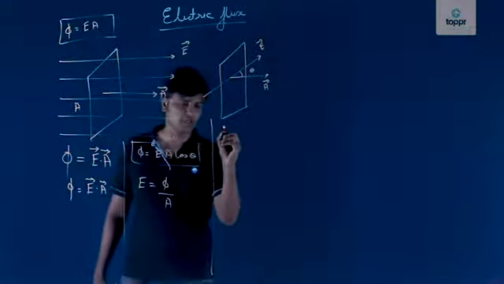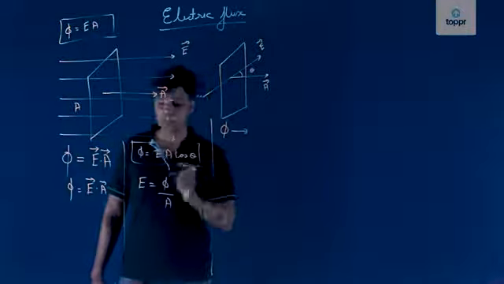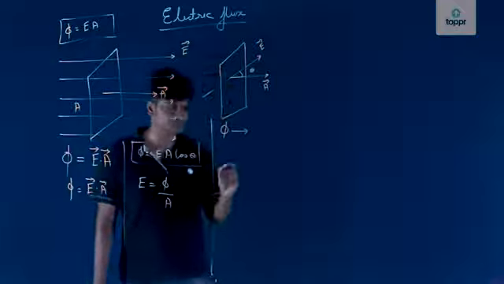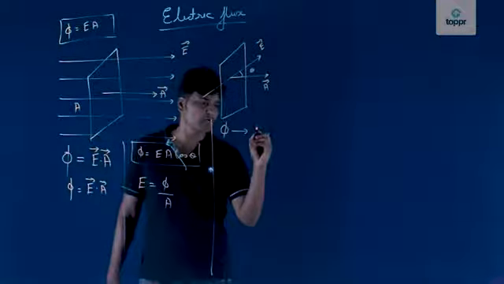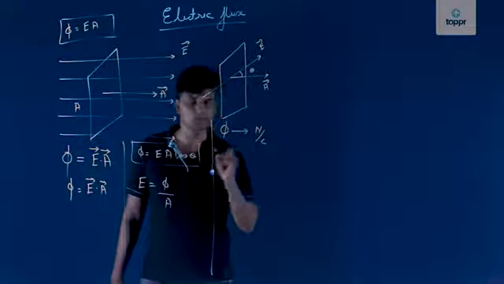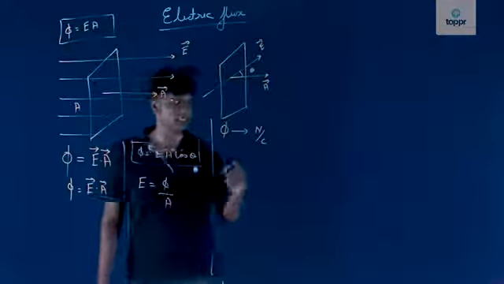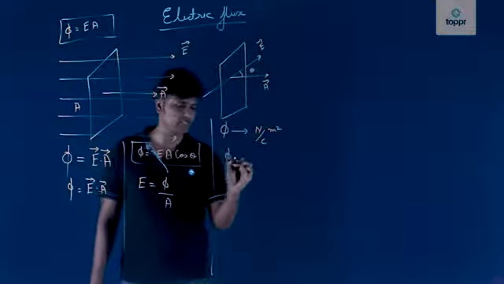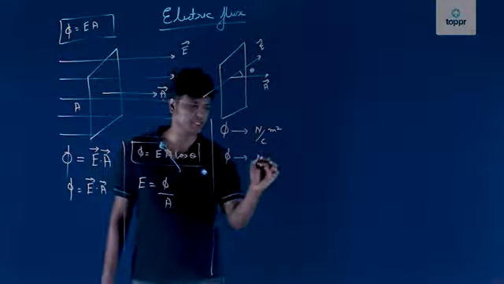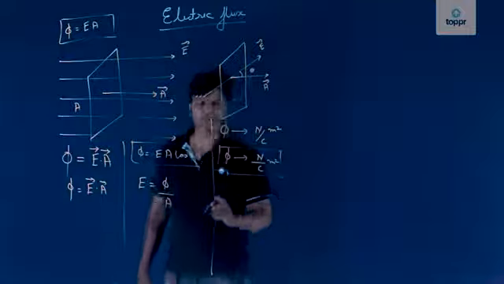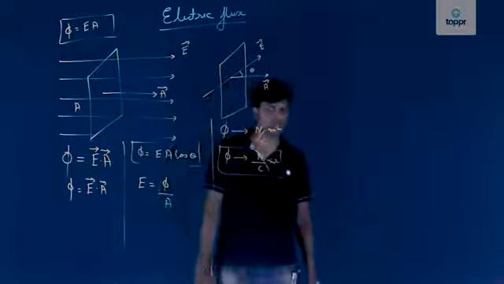The unit of flux is given by electric field, which is Newton per coulomb, and area, which is meter square. So flux can be given by Newton per coulomb into meter square. This is the unit of flux.